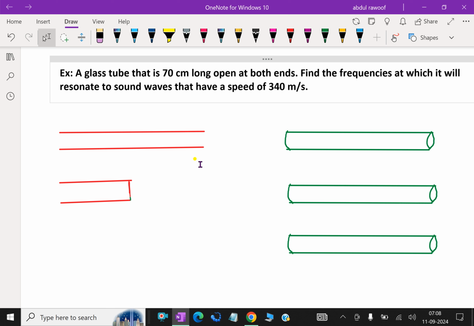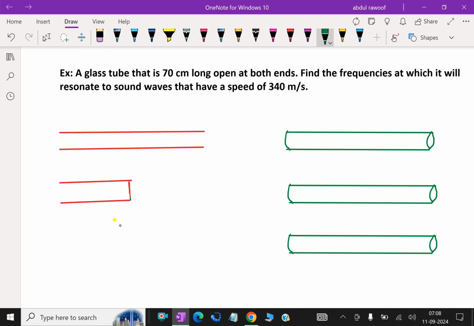Look at here. The glass tube, that is length.